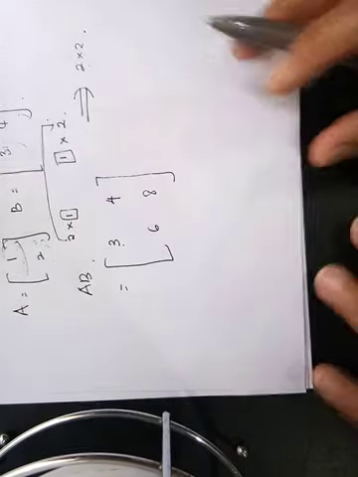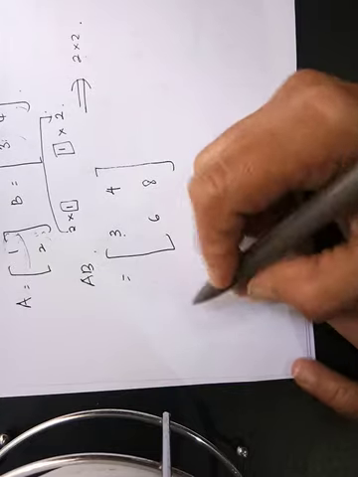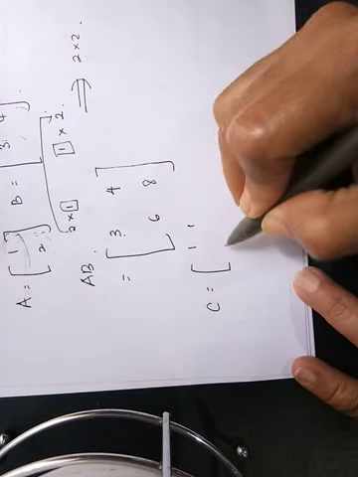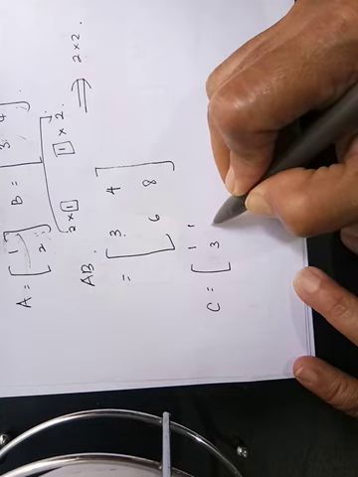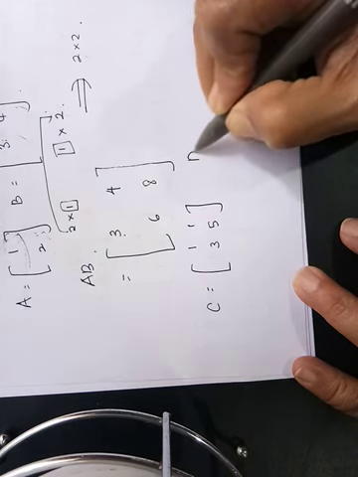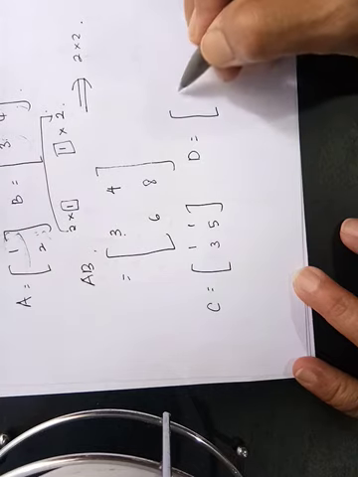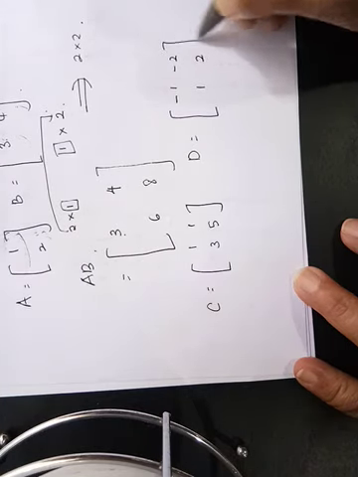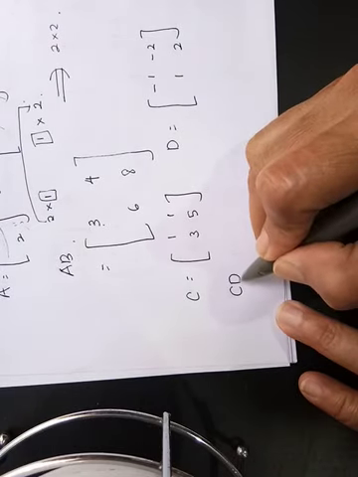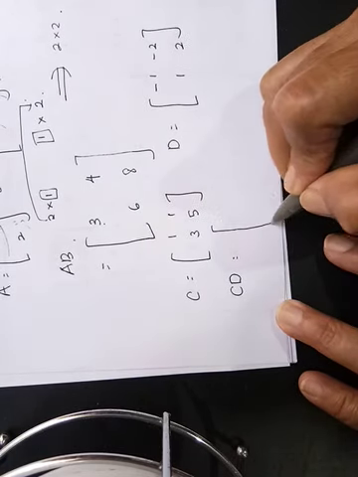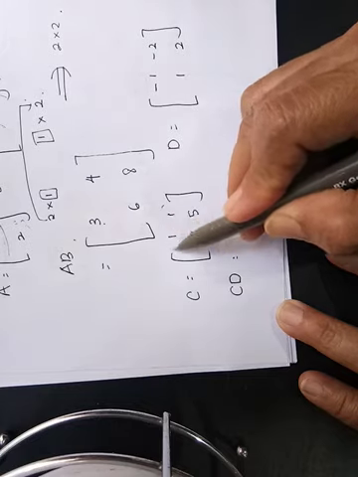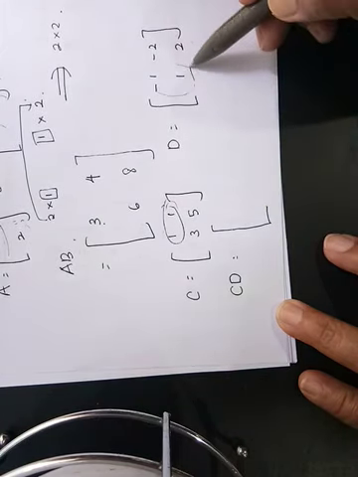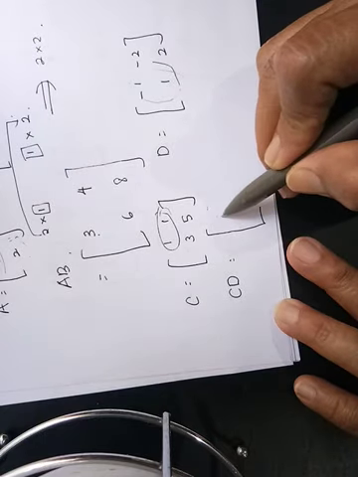Okay, another example. Let's say we have C as 1, 1, 3, 5, and D is negative 1, negative 2, 1 and 2. Find CD. To find CD, again we start with first row, first column. We get the number here.